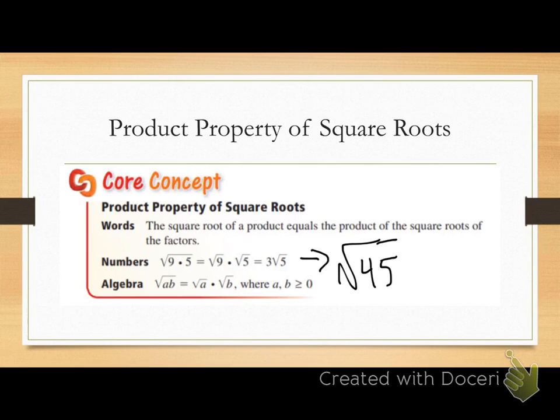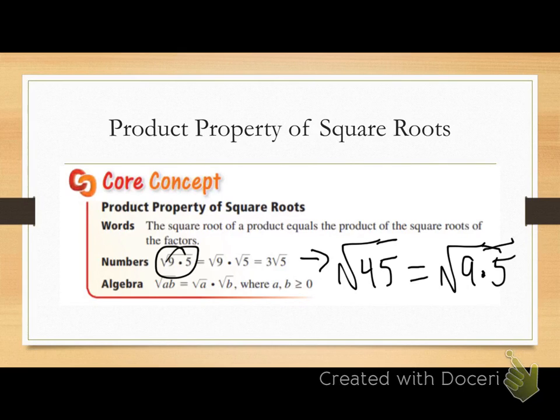I would like to find the biggest perfect square that multiplies to give me 45. In this case, it is 9. I can break 45 down into 9 times 5, because 9 times 5 equals 45.